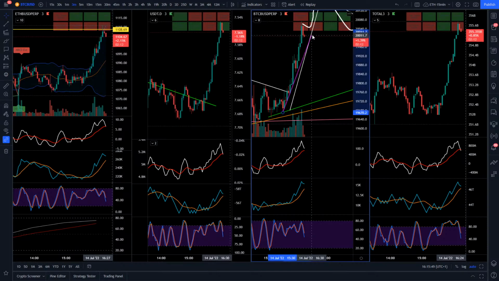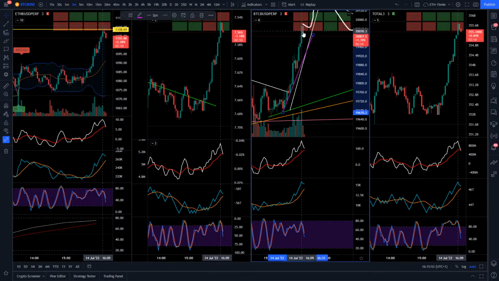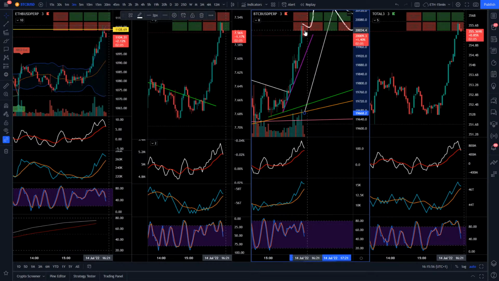So like I said, this can be the extended purple line, and this can be the end of the purple line to make a retracement before going up. It can go up one more time.